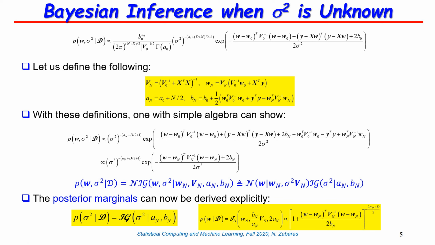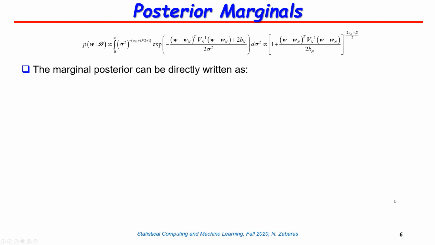It turns out that the marginal in W is a student t distribution with mean Wn, with variance, approximately given like that, and degrees of freedom 2 times An, where the parameters have been defined in the equation on the top. I'm writing here the key elements of this student t distribution as a reminder.